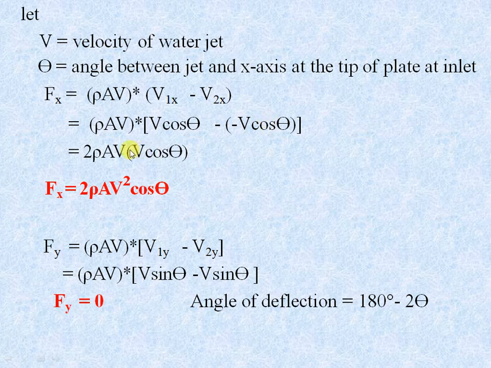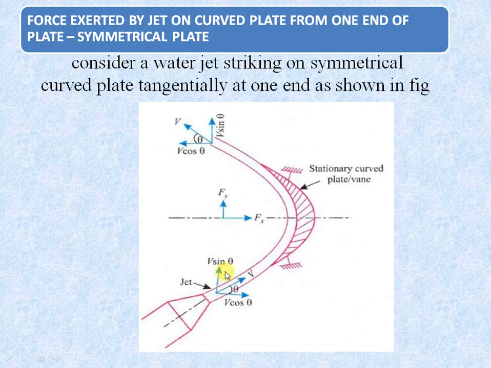So after simplification, we will get 2 v cos theta. So 2 rho a v into v cos theta. So the final expression is Fx is equal to 2 rho a v square cos theta. It is the final expression for the Fx force. Similarly, in this case, the Fy force is present. So consider v sin theta, and it is also v sin theta.